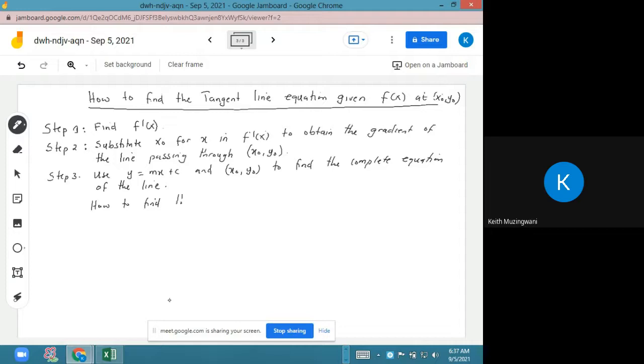How to find the normal line equation given f of x at x naught comma y naught.